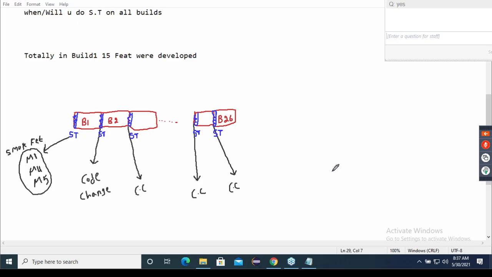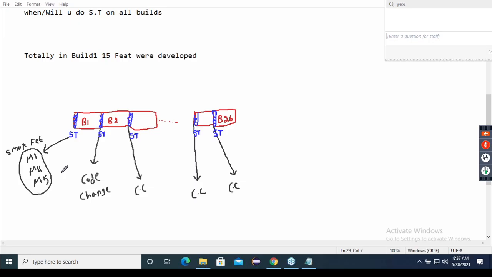Yes or no? Understand what I'm saying? So code changes will affect the smoke features once again, but only if what? Only if the modules are dependent on each other.